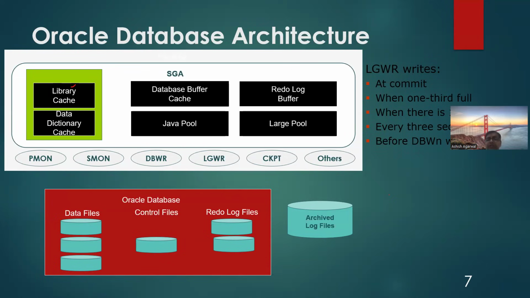Now you may have a question: where does GoldenGate actually capture the changes from, redo log files or archive log files? It tries to capture the changes from redo log files. If a redo log file switchover happens before the data could be captured, then it captures from archive log files, ensuring that there is zero data loss.